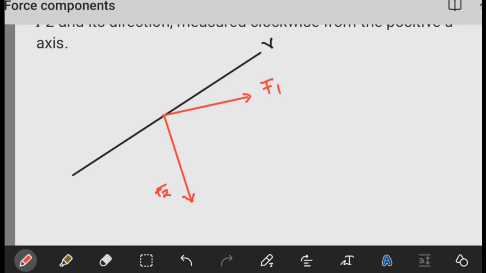Now the next thing that we're going to do here is shift the force F1 so that it comes down here where F2 ended. What I want to do is to create a parallelogram. So to do that, I'm just going to copy this vector, clone it so that I bring it back without changing its direction down here.